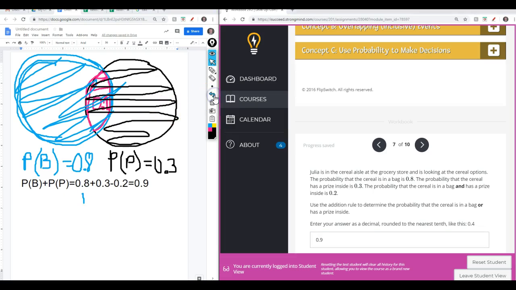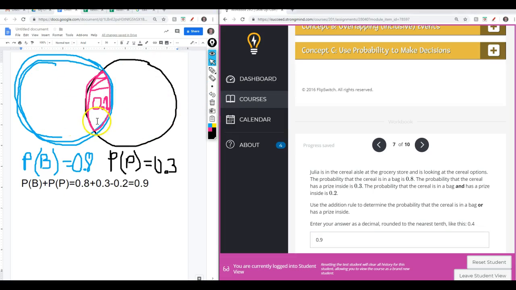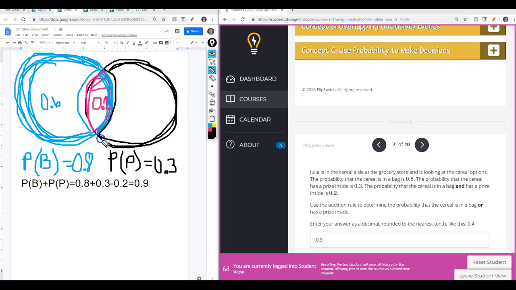Another way I want to show you really fast, just using this Venn diagram, is to realize that if this portion of the bags is 0.2 and the total has to be 0.8, that means that this whole portion that's not in that overlap is 0.6, because then this whole circle right here has that 0.2 plus that 0.6, which is a total of 0.8. And then we could also find out just the probability of the cereals that had prizes inside and weren't in bags.